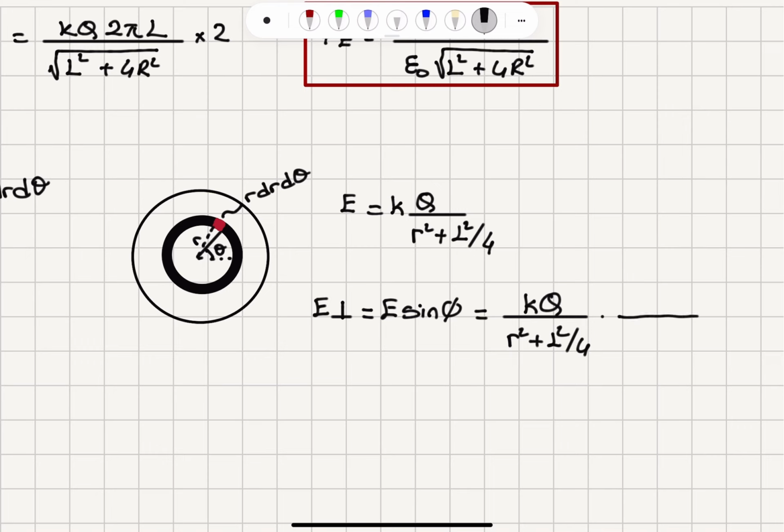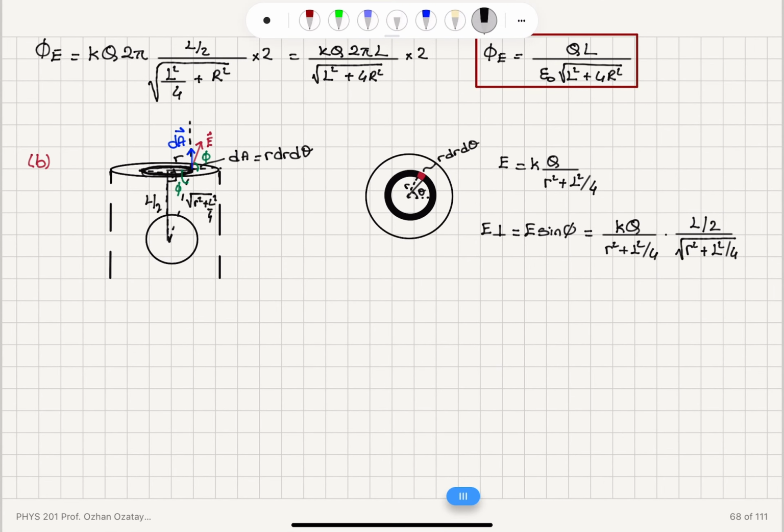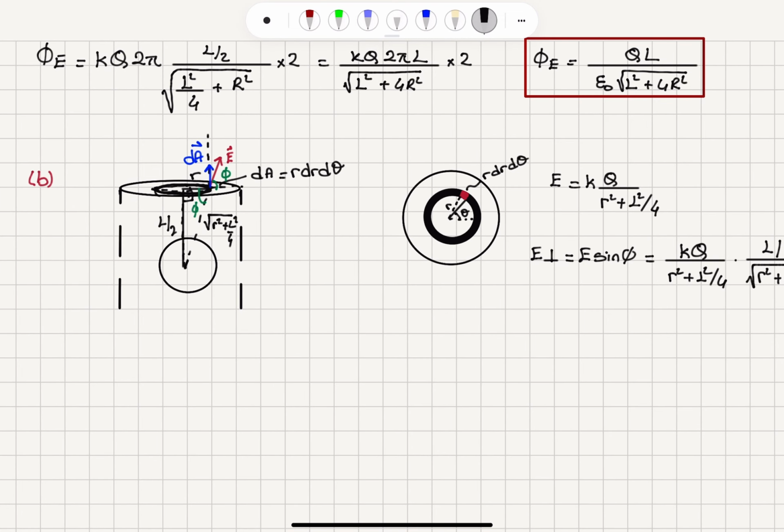And then we have sine phi, which is capital L over 2 divided by the square root of r square plus L square over 4. So this is basically the component of the electric field in the direction of the area vector. The other component is perpendicular, so it has no contribution to flux through this top cap.